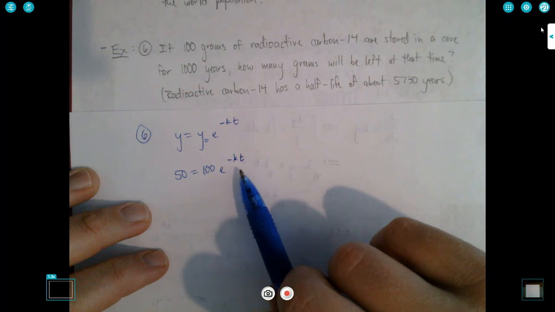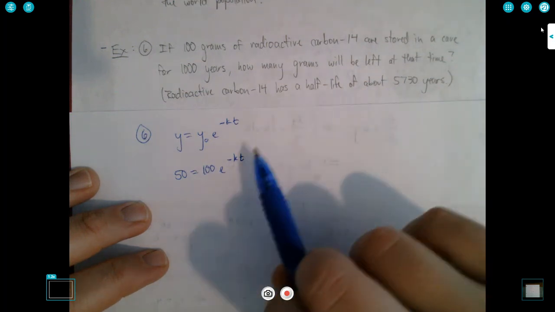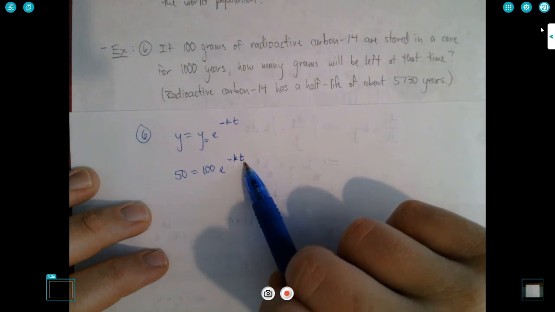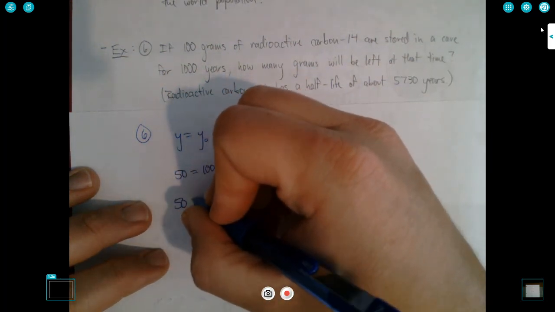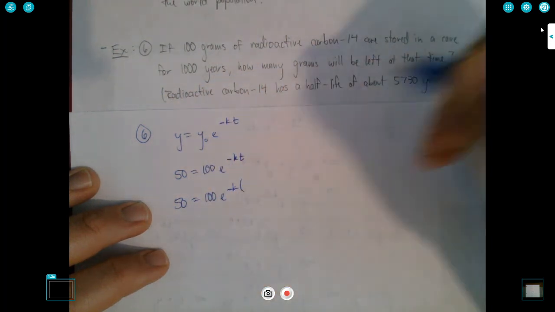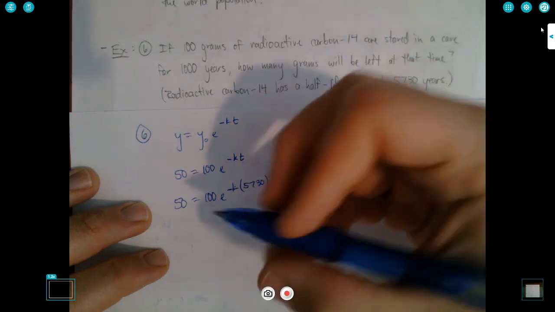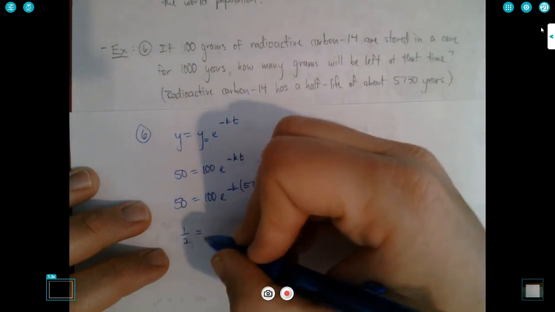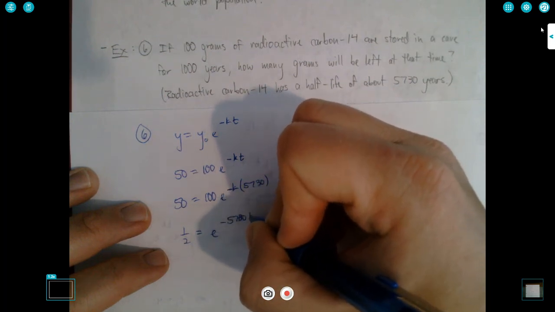We can do that because we know that the half-life of carbon-14 is 5,730 years, so we can plug that in for t and then solve for k. So 50 equals 100 times e to the negative k times t. In other words, 1/2 equals e to the negative 5,730 k.